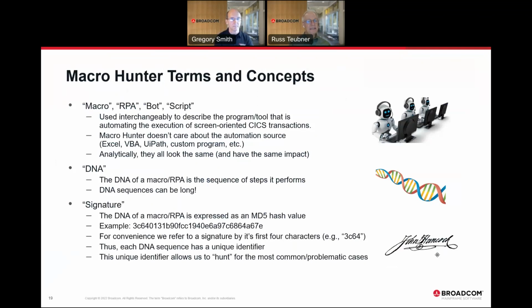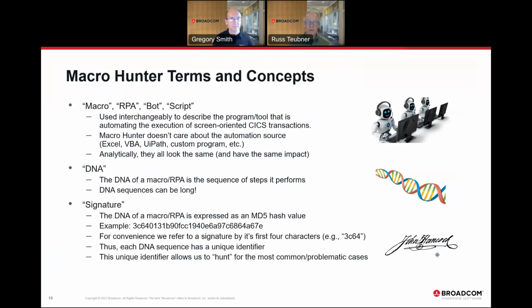We also use the term DNA. DNA to us describes the sequence of steps that the macro or bot perform. Now, as you might imagine, DNA sequences can be very long, especially if a bot or a macro is automating a sequence of 1,000 or 10,000 or 100,000 steps.